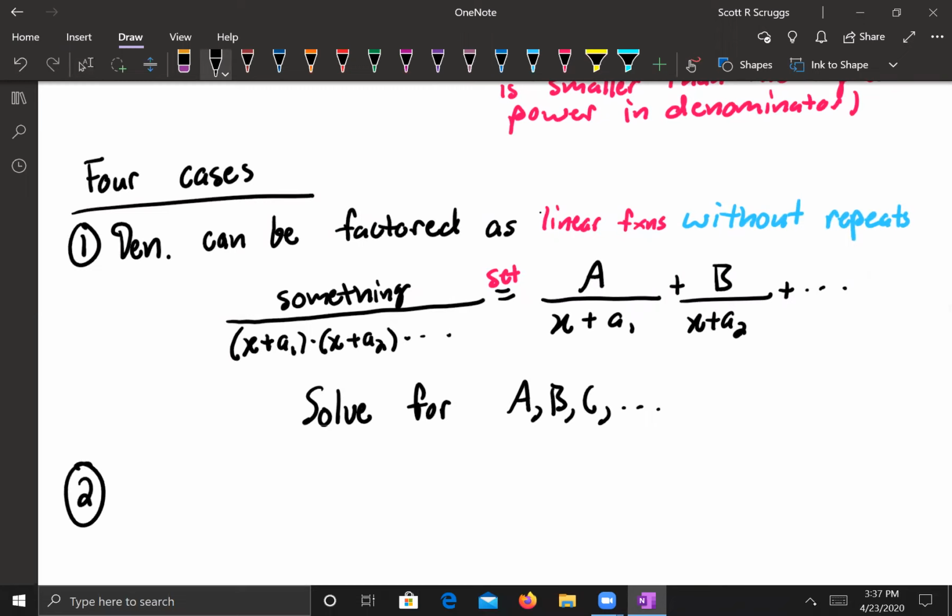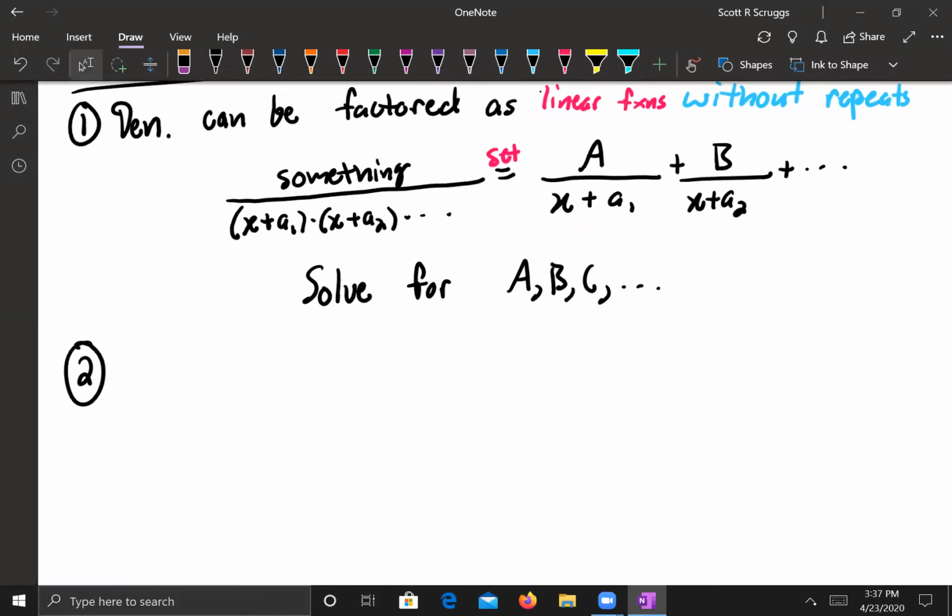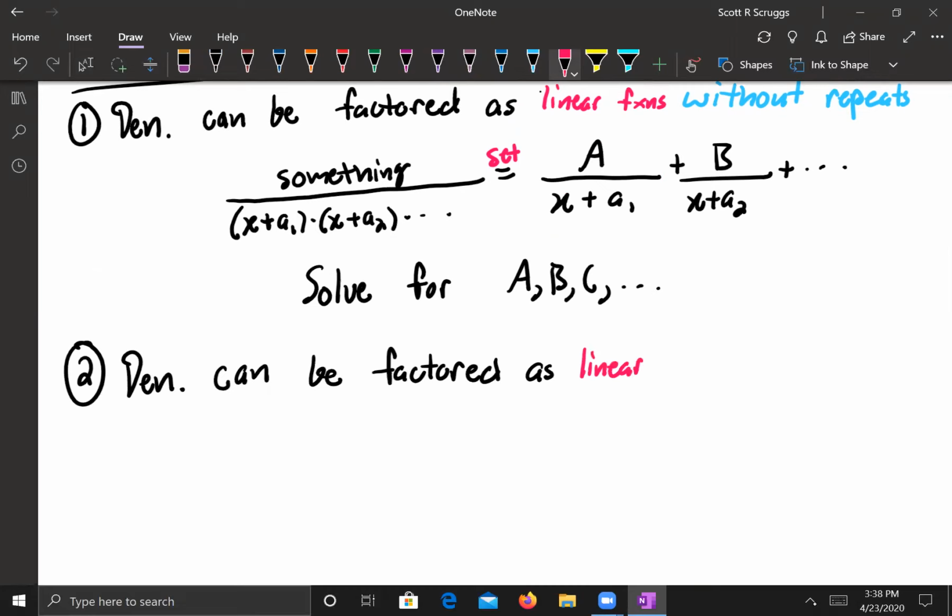So let's go to what happens if I have linear factors again. I factor my denominator as linear functions, but I have a repeat going on. So case 2: the denominator can be factored as linear functions with repeats.